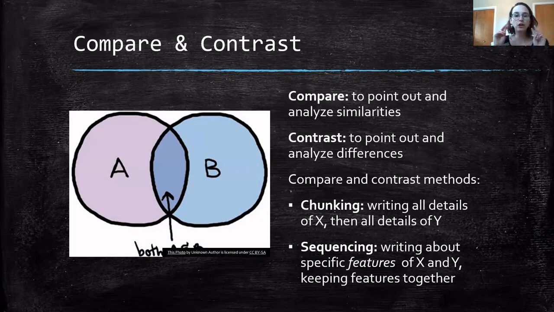Okay, and in general, there are two methods for talking about comparison and contrast in your writing. So one way is to chunk. So you might talk all about A and then talk all about B. And a way that you might think about this is, if you're talking about different phones, you might say Android has all these features, and then iPhone has all these features.